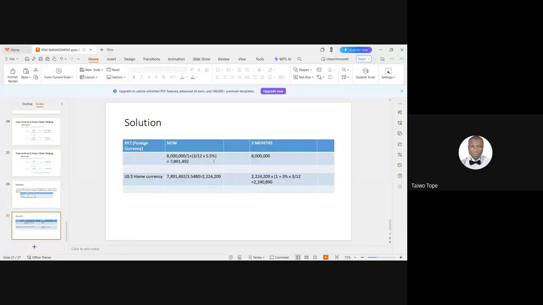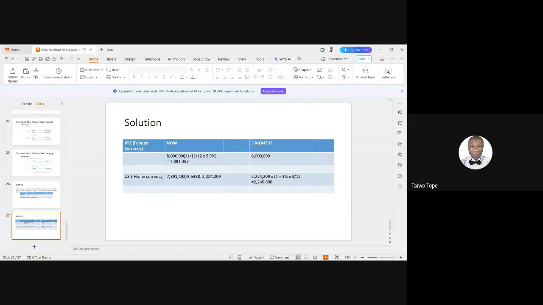It means that instead of waiting till 3 months before you use your money, you can hedge against this value by doing what?